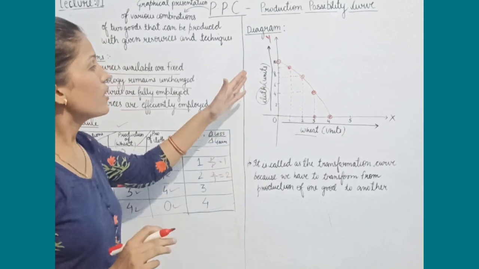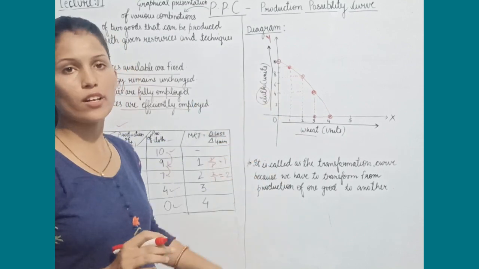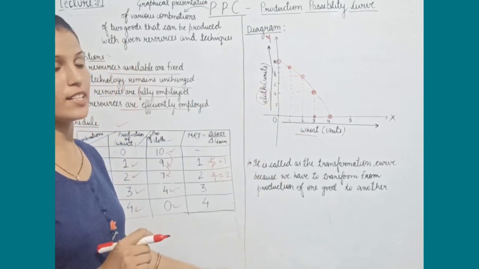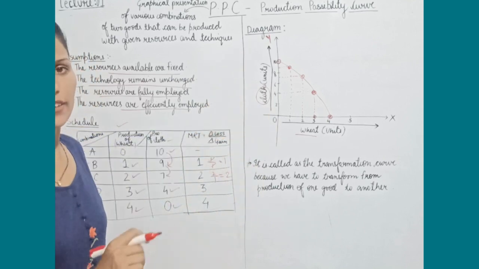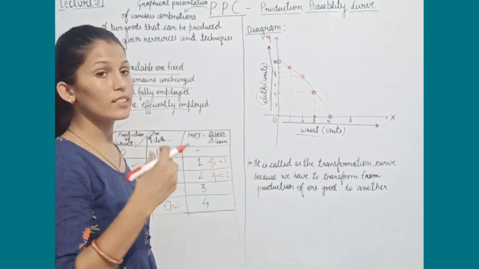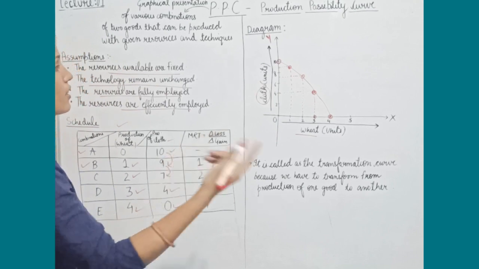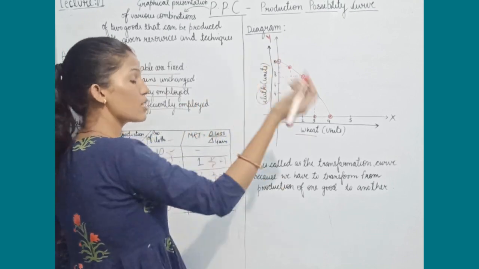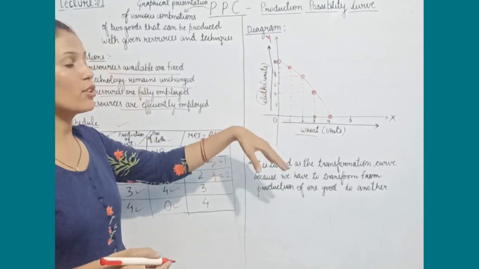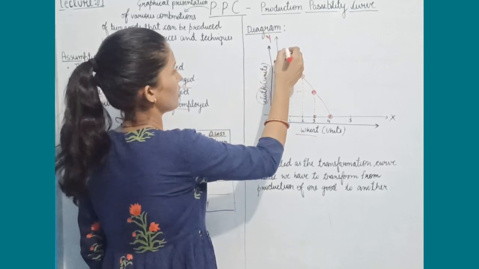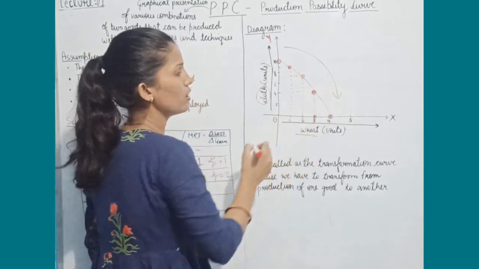And it is in the shape of concave. Clear? So why is it concave, and why is it sloping from left to right, like this is left and right, this downward sloping, isn't it?